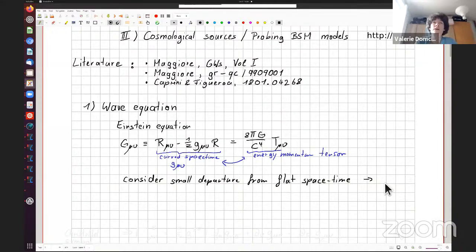This is really what we do in the next 5 minutes or so. Concretely, we want to express this general metric as some flat metric, which I will call eta mu nu, where I'll be using the mostly plus signature, so this signature.